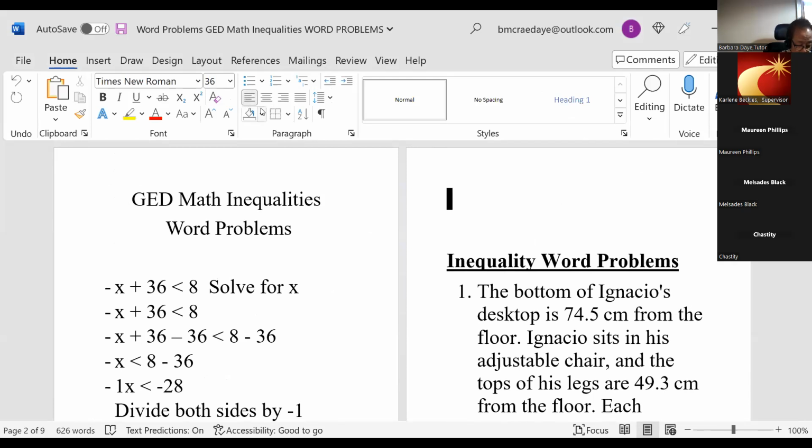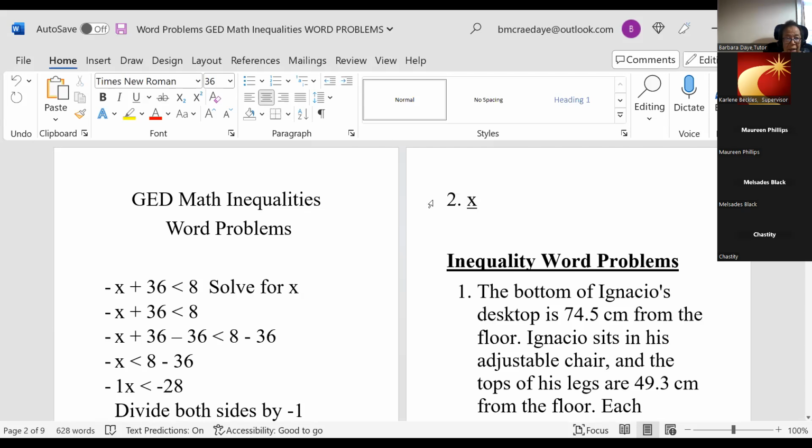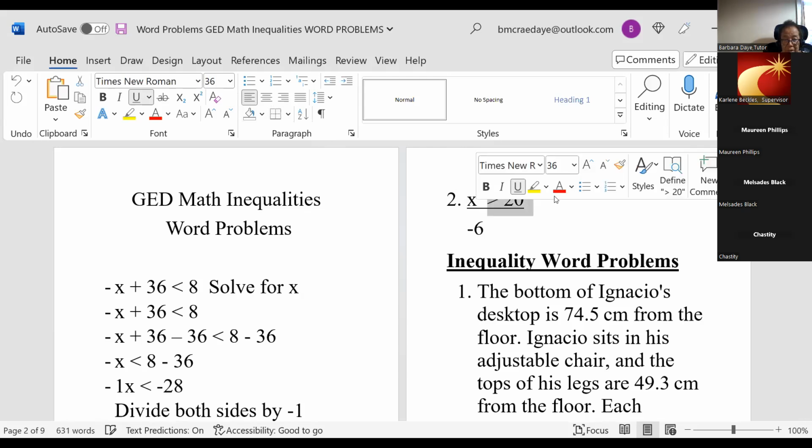Number two is x divided by -6 greater than 20.